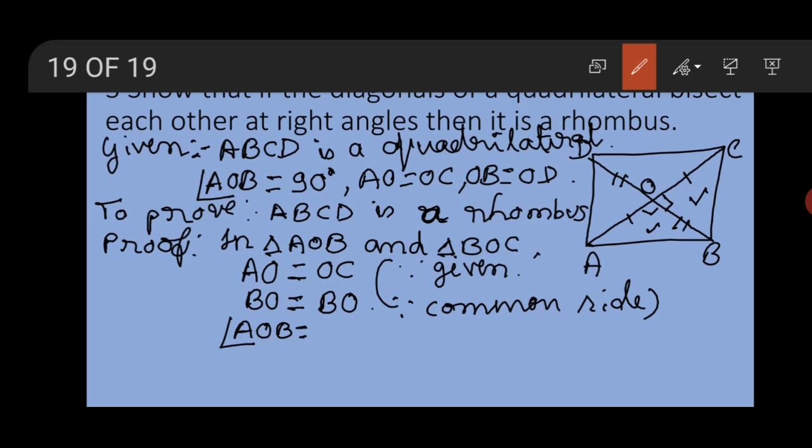And angle AOB is equal to angle COB. Reason: it is equal to 90 degrees and it is given.